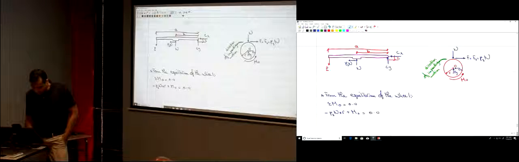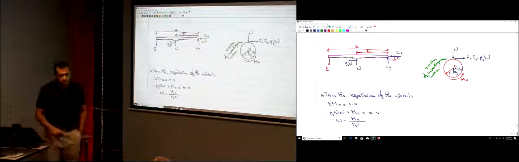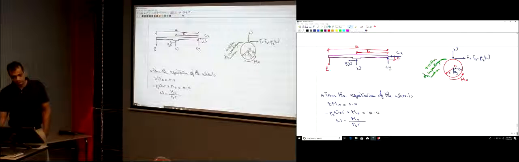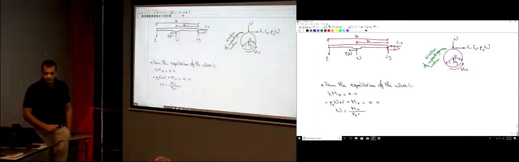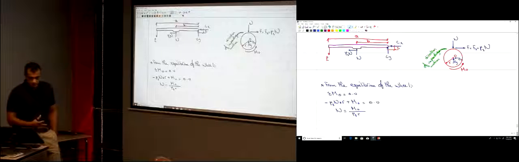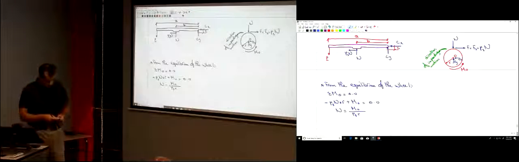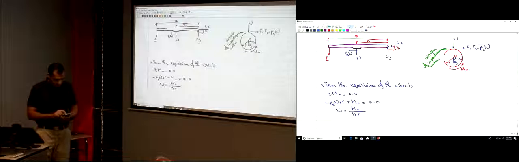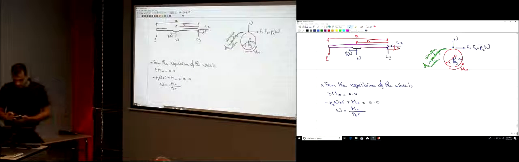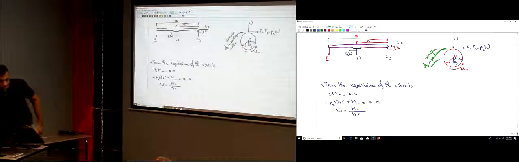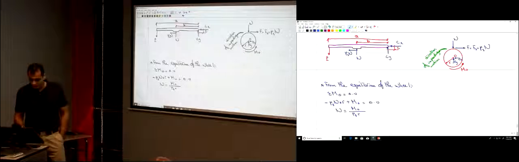So from this equation, I can find N. So how much would N be? M naught divided by mu s r. The moment divided by the coefficient of static friction, mu s, the coefficient of static friction, times the radius r.